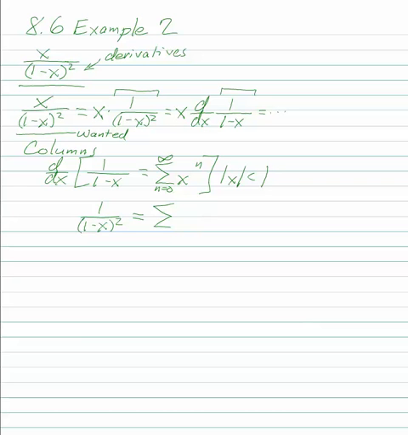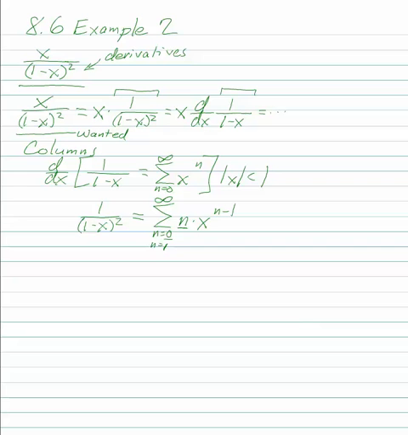I take the derivative of each term. The derivative of x raised to the n is n times x to the n minus 1. Now you can say from n equals 0 to infinity, or you can notice that when you plug in a 0, the first term is a 0 because of this n. So you could also start at n equals 1. That's personal preference. The book will start at 1 to say the 0 didn't matter. We're going to leave it out.